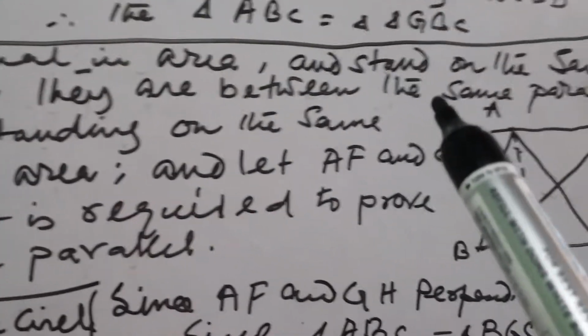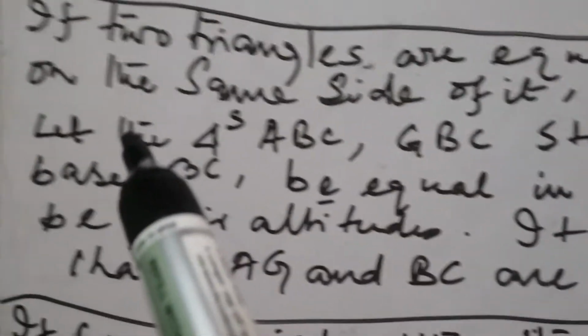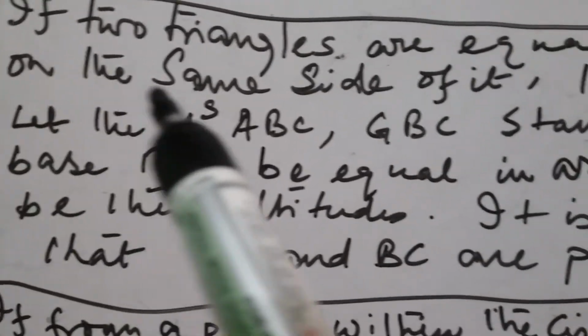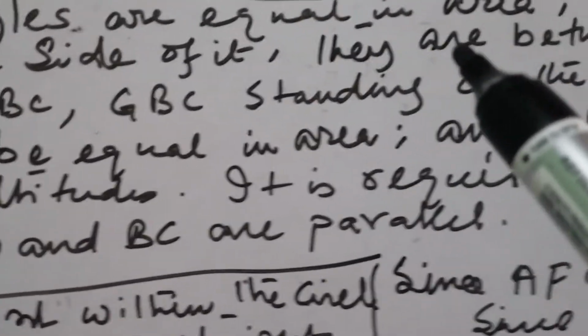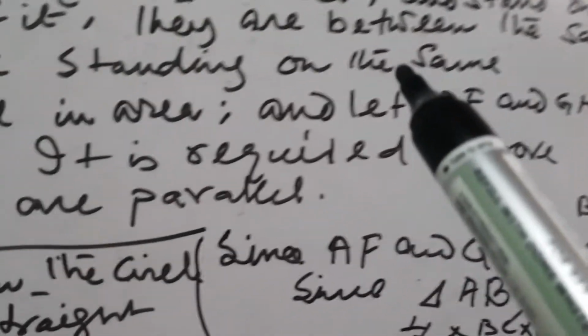Our third proof: if two triangles are equal in area and stand on the same base on the same side of it, they are between the same parallels.